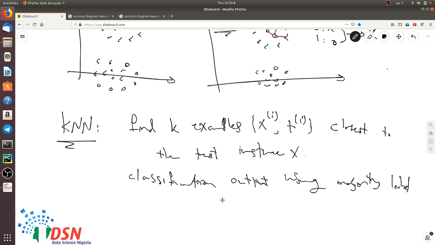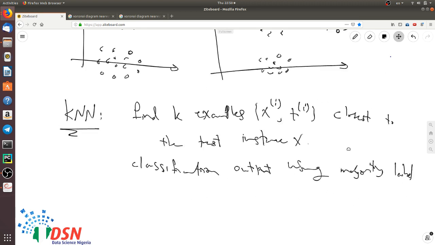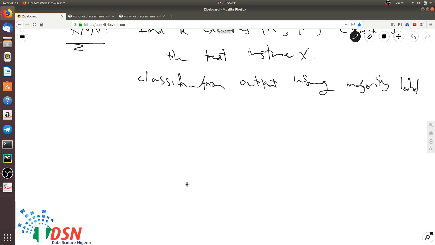So after that we use voting for the classification of the test data. So that is KNN.